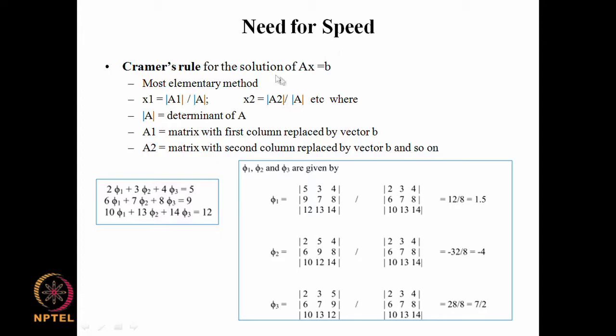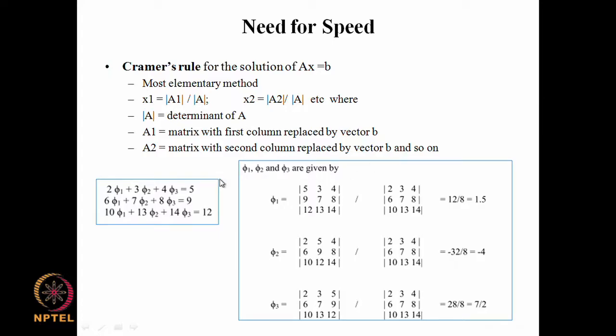And if you take an equation like Ax equal to B, Cramer's rule says that the solution for x1 is obtained by determinant of A1 by determinant of A, and x2 is determinant of A2 by determinant of A, where determinant of A is the determinant of the whole matrix A, and the A1 matrix is the matrix with the first column of the coefficient matrix A replaced by the vector B, and A2 is for the case where the second column of the coefficient matrix is replaced by vector B, like this.